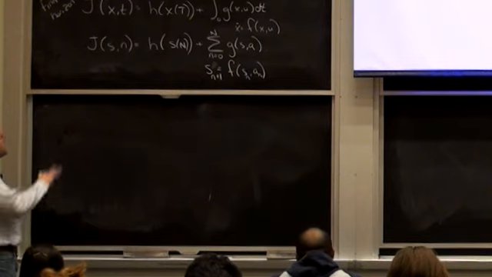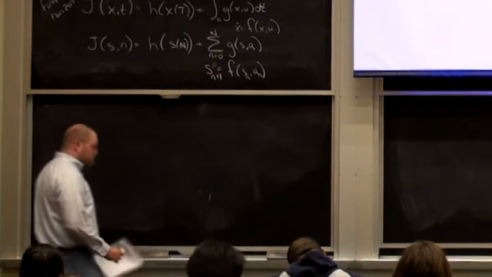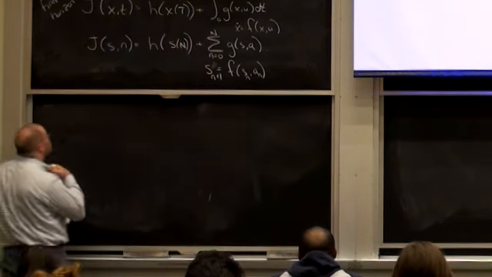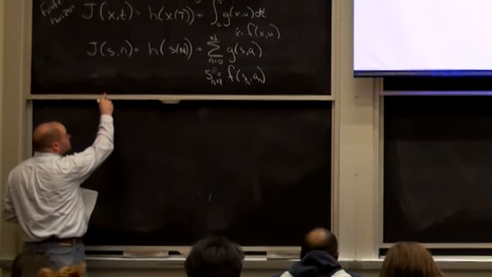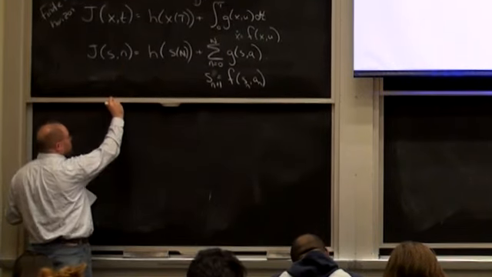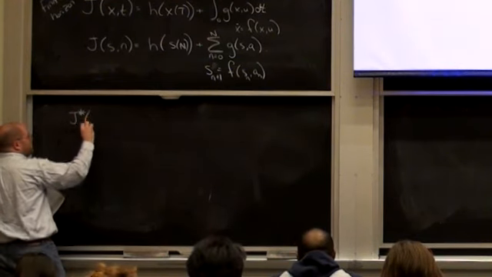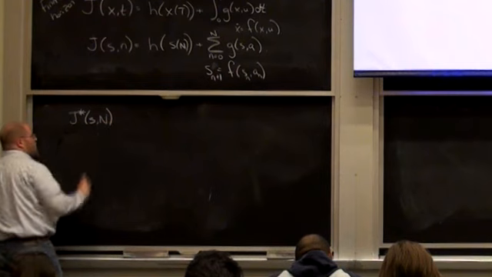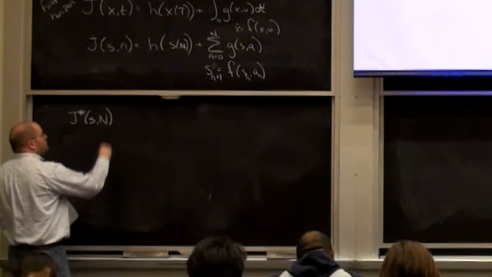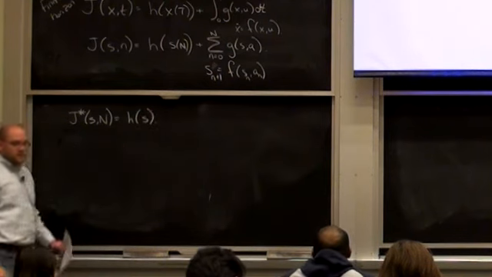So again, dynamic programming exploits the fact that you can write this in a recursive form. If I want to find the optimal cost to go, which I'll call J star, at the final time, it's just h of s.